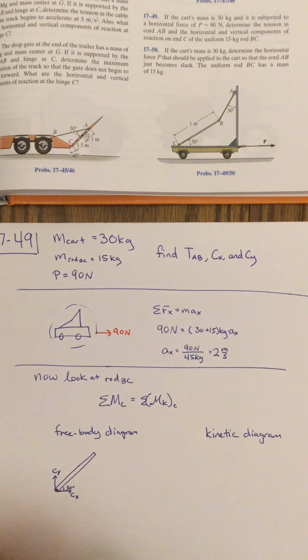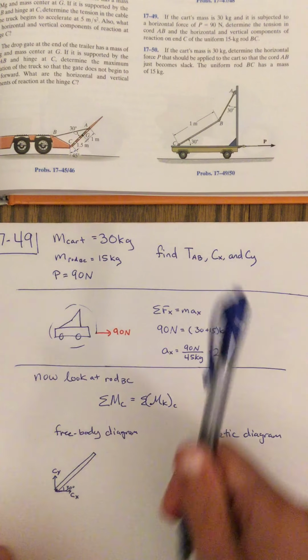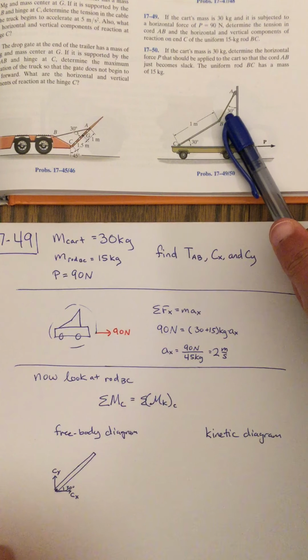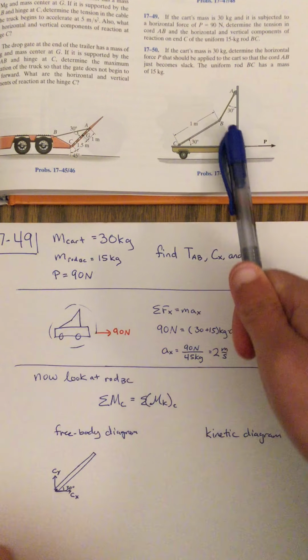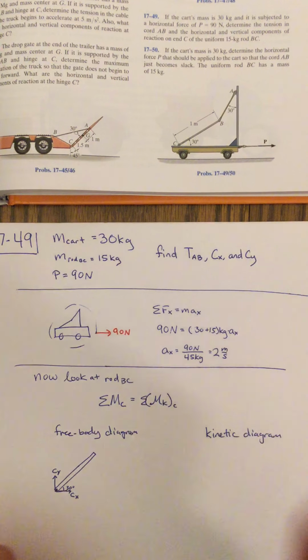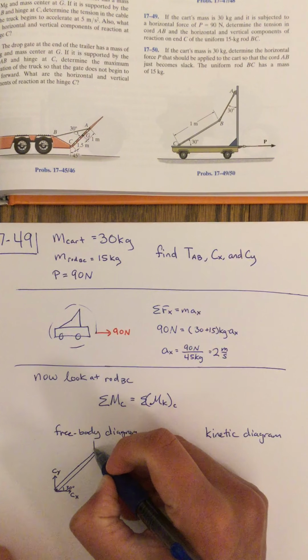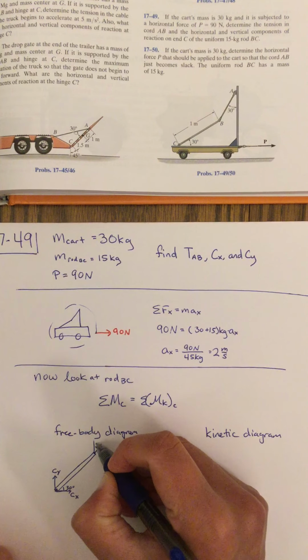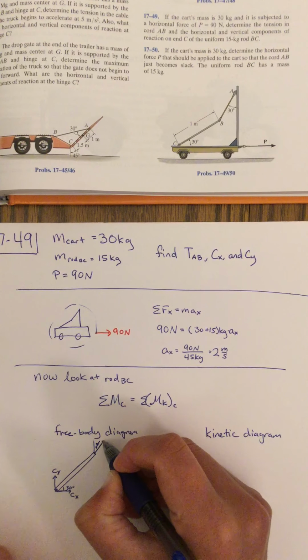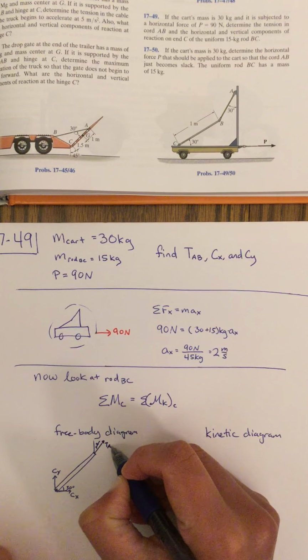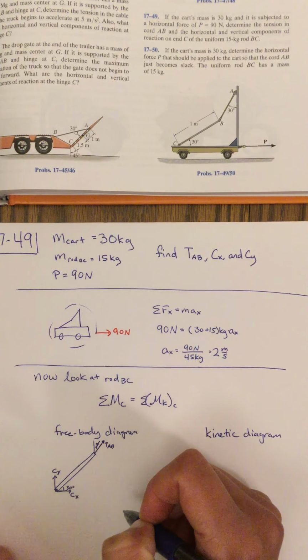And then I have tension, which is acting along the cord in the direction that goes along the cord here, and this angle is 30 degrees. So I know that this angle here is 30 degrees. That's T AB.